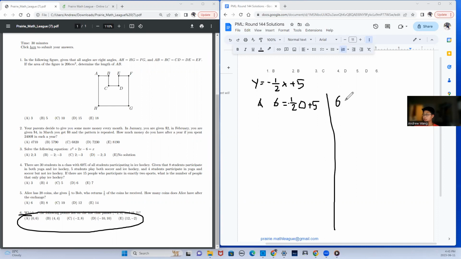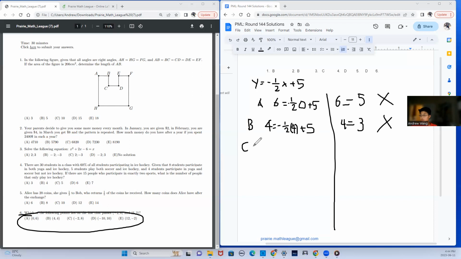And this means that 6 supposedly equals 5, which is incorrect. Now let's look at B. B has the coordinates 4, 4. So 4 equals -half times 4 plus 5. So 4 equals -2 plus 5, supposedly equals 3, and that is also incorrect.